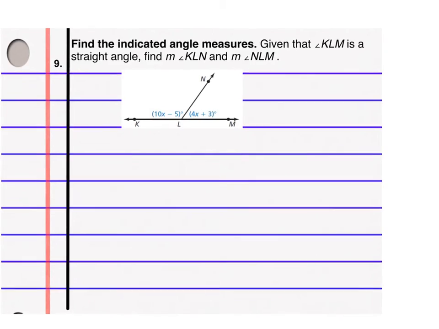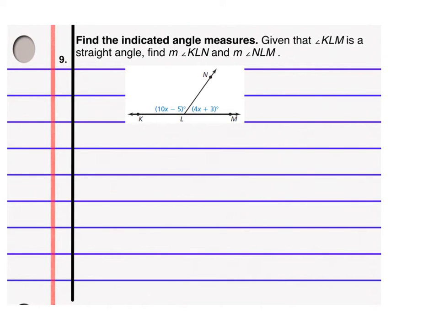All right, let's try another one. So pause the video, set up your problem. Given that angle KLM is a straight angle, so that means it's 180 degrees, find KLN and NLM. So try this on your own, pause the video, see how you do. To set it up, you should be doing 10x minus 5 plus 4x plus 3 equals 180, because straight angle means 180.